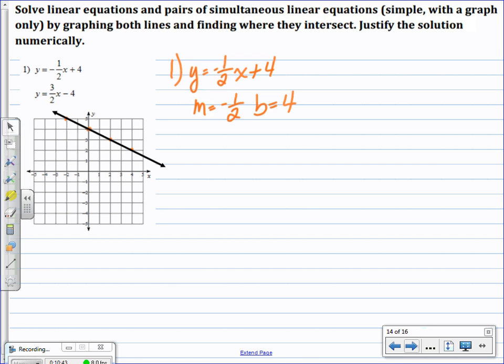Number 2 says y equals 3/2 x minus 4. So my slope equals 3/2, and my y-intercept equals -4. So I'm going to go down to -4, and then I'm going to go up 3, 1, 2, 3, over 2. 1, 2, 3, over 2.